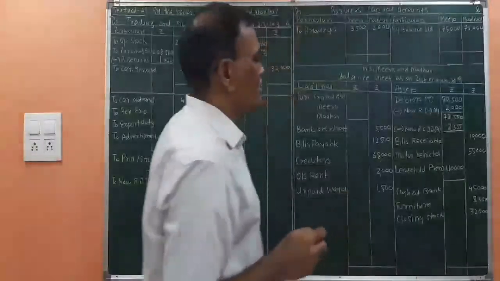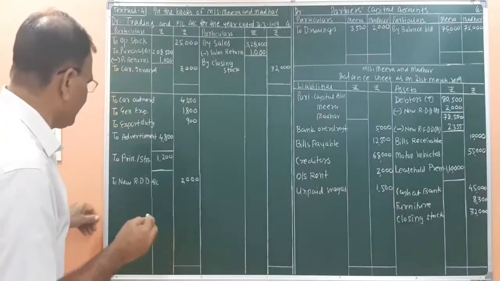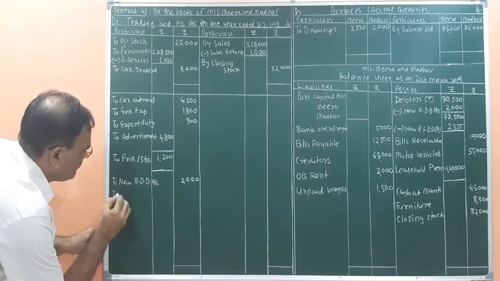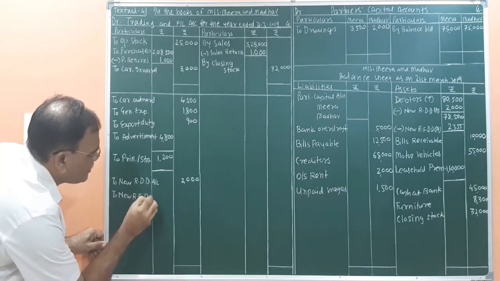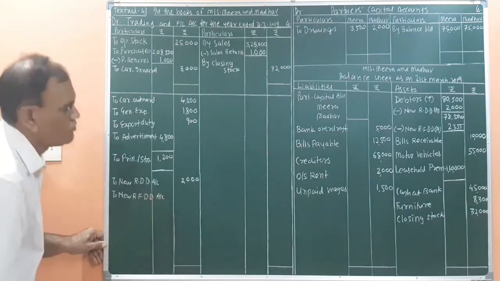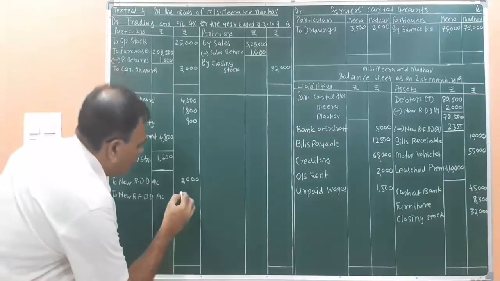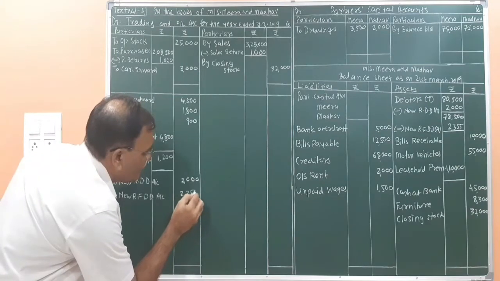That is the 3% of 78,500. So I will write new RFDD account, that is 2,355.